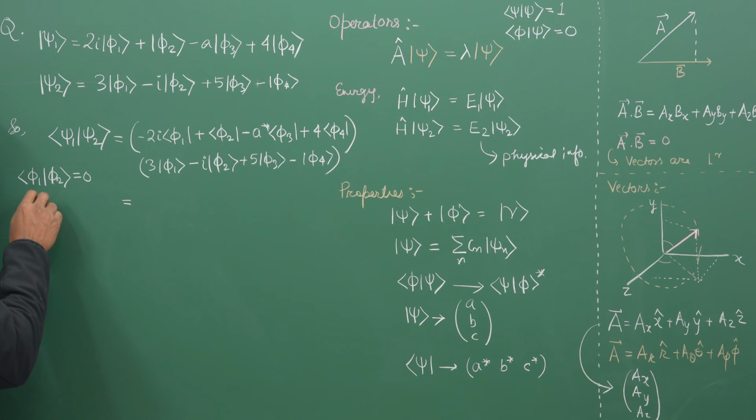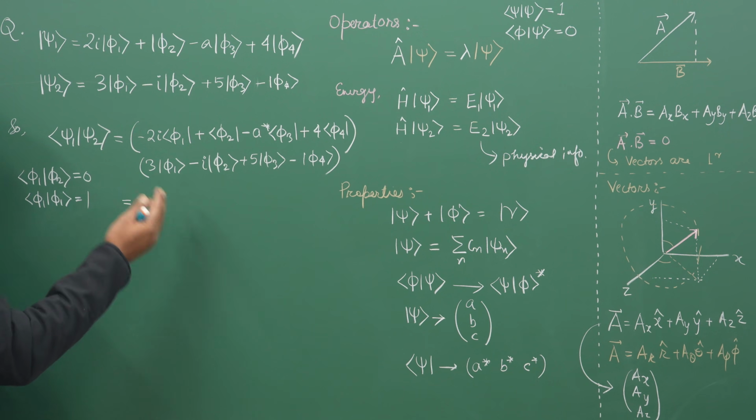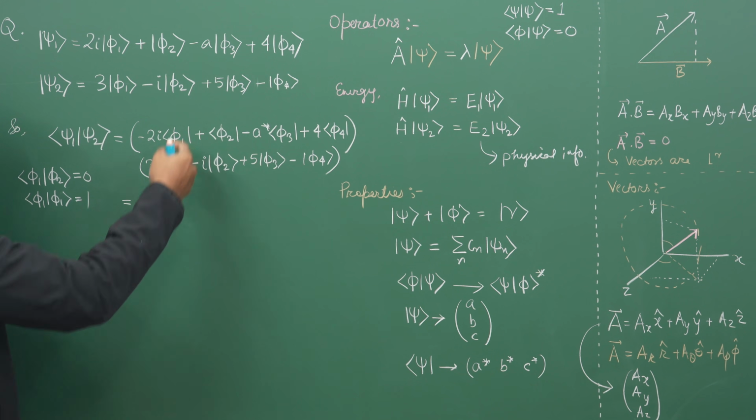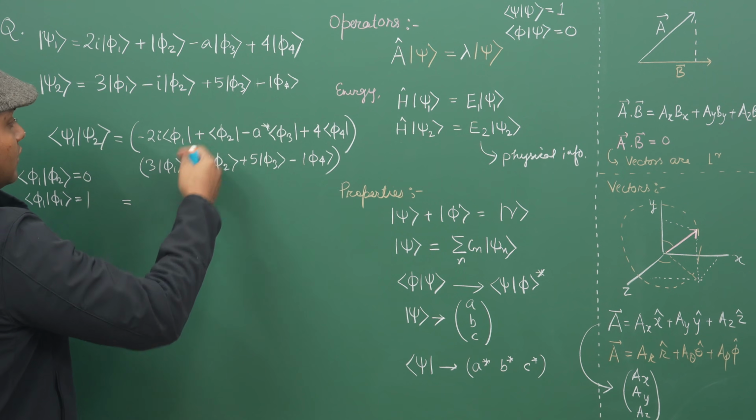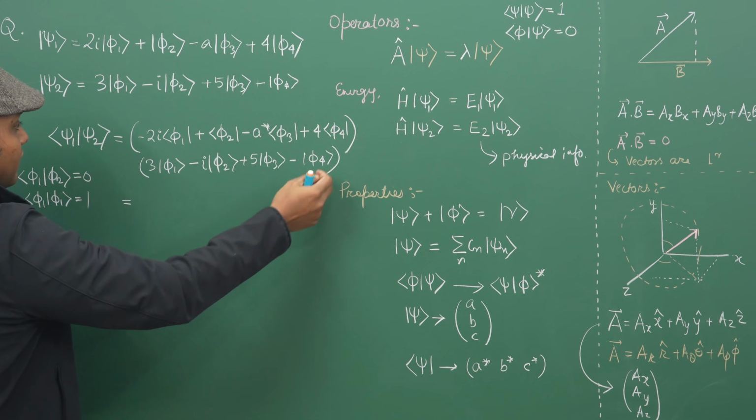But if I take phi1, phi1, that will come out to be 1 because it is normalized. That is the meaning of these Kets being orthonormal. That means they satisfy the property of normalization as well as orthogonality. So only the individual products of phi1 phi1, phi2 phi2, phi3 phi3 and phi4 phi4 will survive.